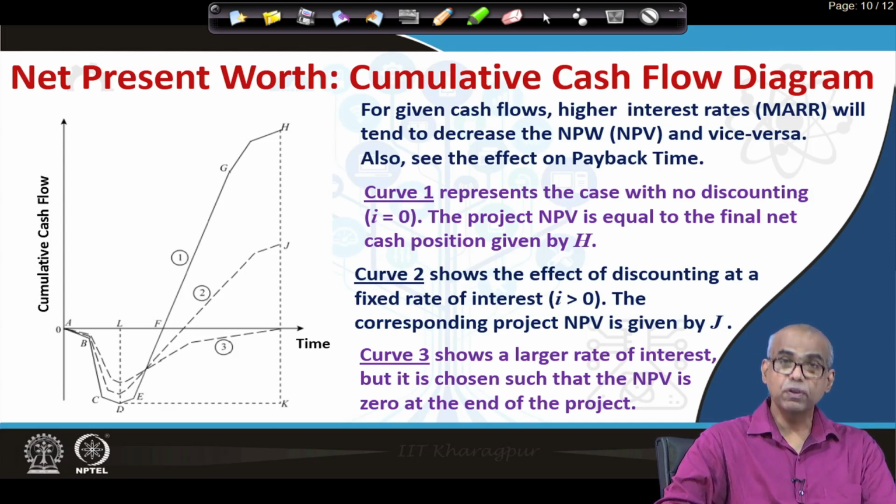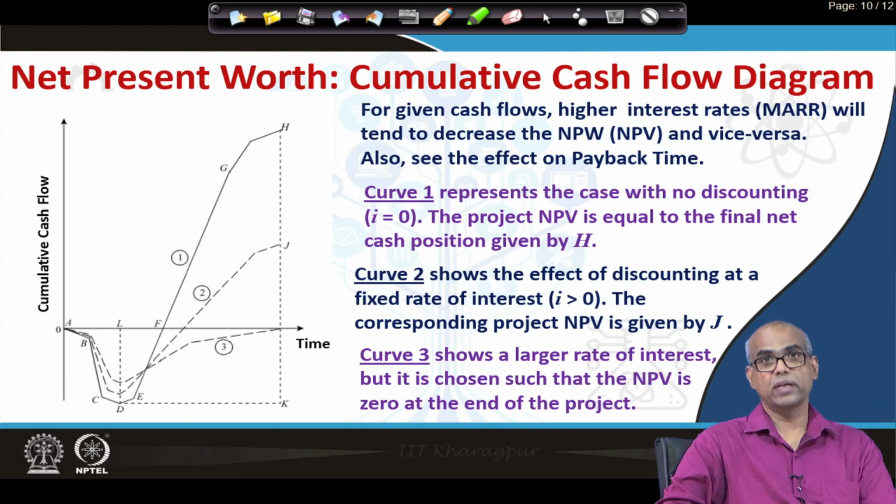So, this figure shows that with increasing value of rate of interest, your NPV decreases and you can have an interest rate at which the NPV will be 0 exactly at the end of the project.